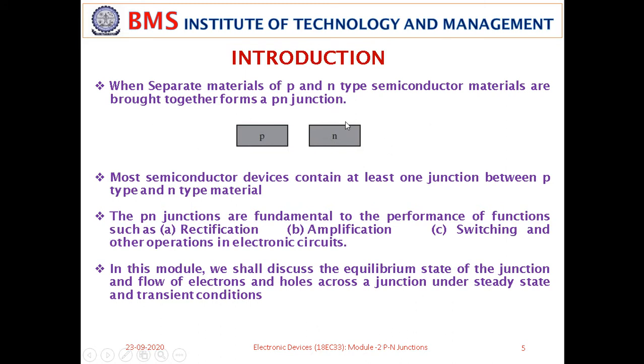Is it correct in a real way that we make PN junctions like this? But theory says that yes, when separate P and N type semiconductor materials are brought together, it forms a PN junction. Can we make diodes by joining two P type semiconductors? Will it form a PN junction?